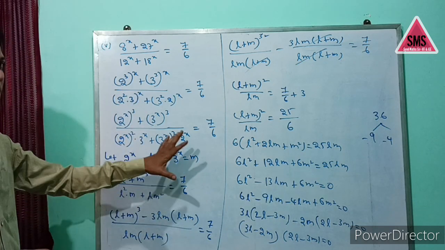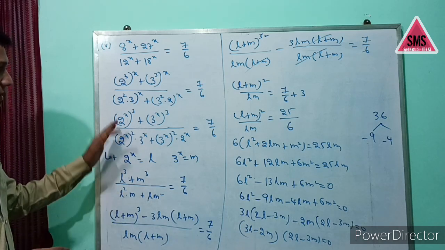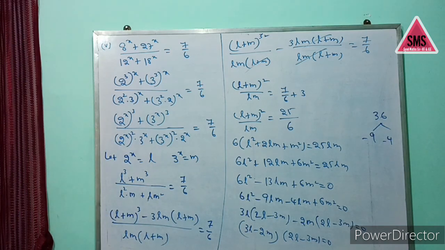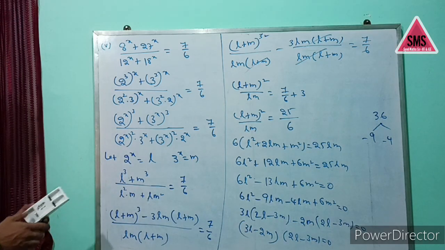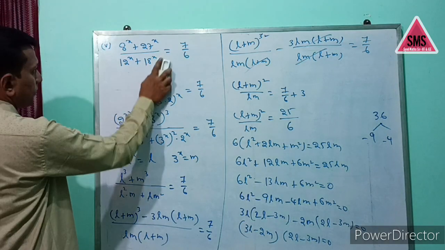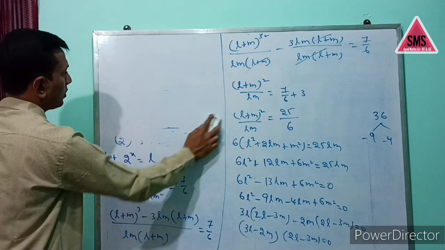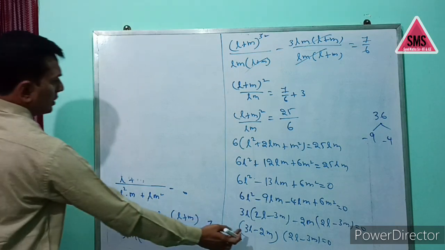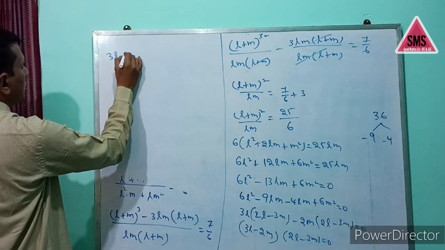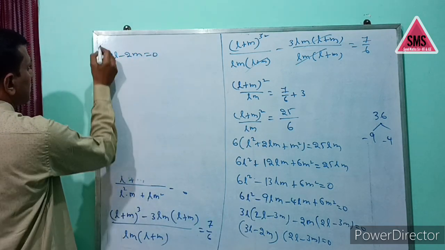So we'll continue, just going through the steps quickly so that we can go to the next simplification. Like this, you will get 3L minus 2M is equal to 0.